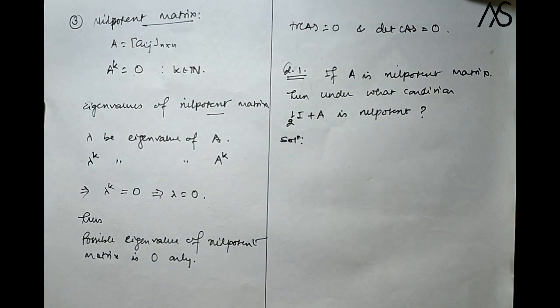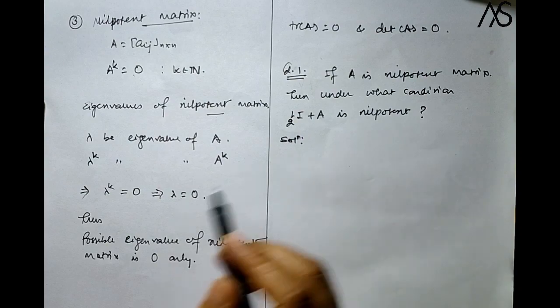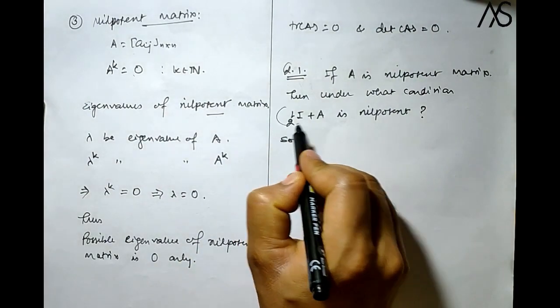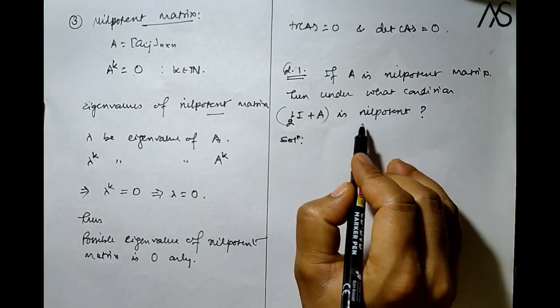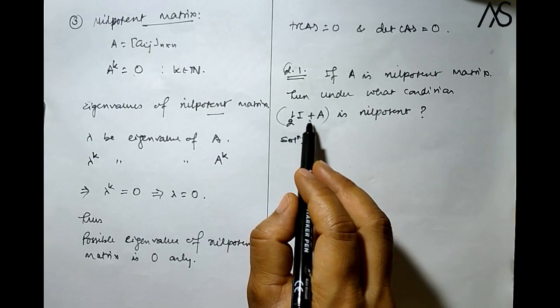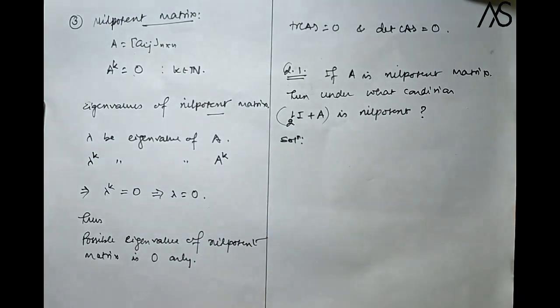Just think about the eigenvalue of a nilpotent matrix. We can easily see here under what condition this is nilpotent. If this is nilpotent, the eigenvalue of this one must be 0.